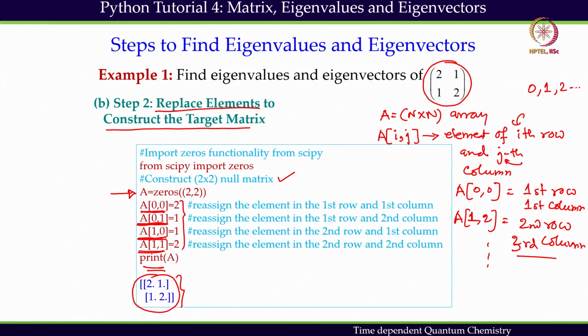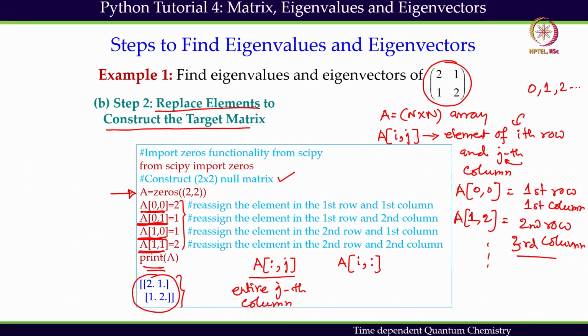On this note, I'll just mention one thing, that if I write down A, colon, comma j, or A i comma colon, it means that this will return me the entire jth column.